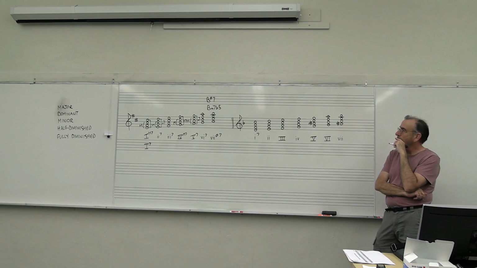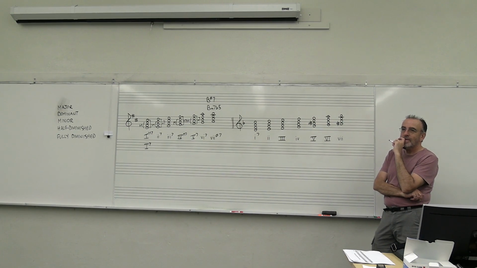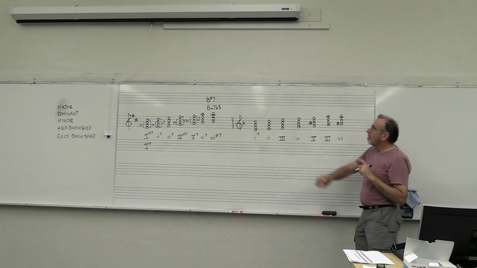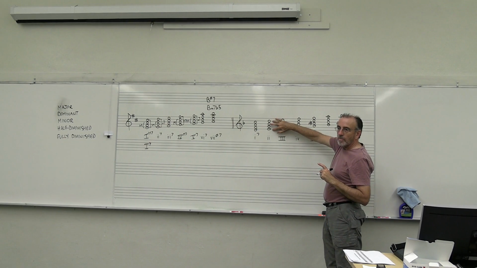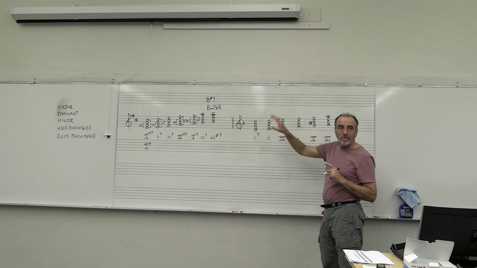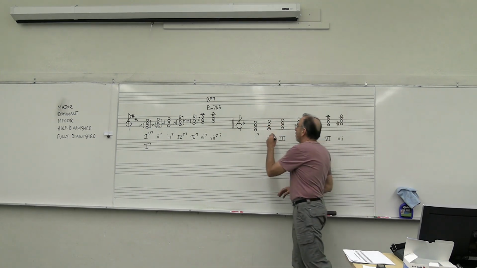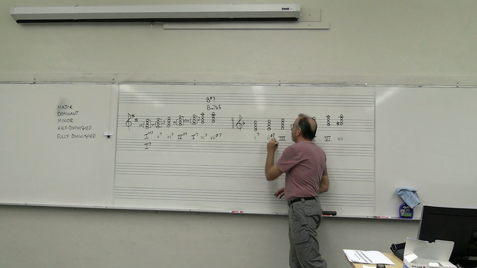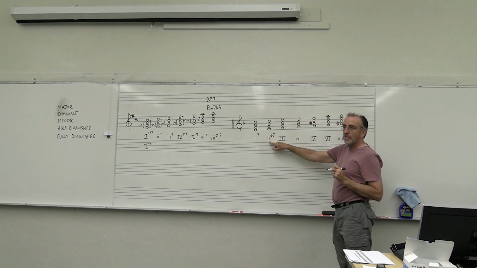Minor triad. Actually not a minor triad. Don't forget the key signature. Diminished triad, yeah. E to D natural, minor seventh. So again, diminished triad with a minor seventh is a half diminished, right? So in minor, the two is the half diminished.